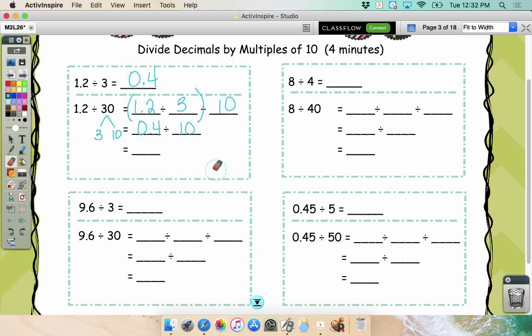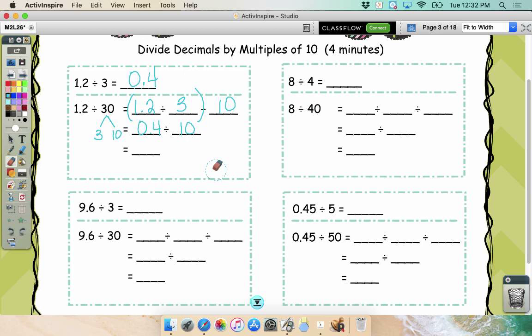Okay, so I'm going to give you a couple options. When I multiply times 10, I can put a 0 on the end, right? So when I divide by 10, I can take a 0 off the end. But what do I do when there's no 0 on the end? You're close.